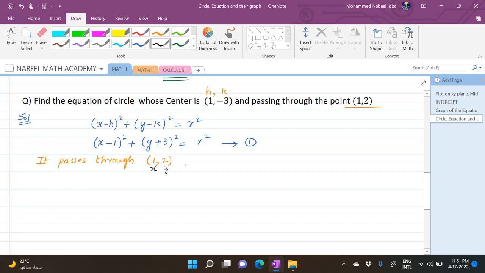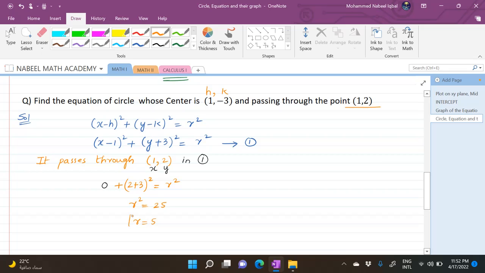When I substitute the x value, 1 minus 1 is 0. Then plus, 2 plus 3 whole square is equal to r square. Therefore, r square is equal to 25. So r is equal to 5.